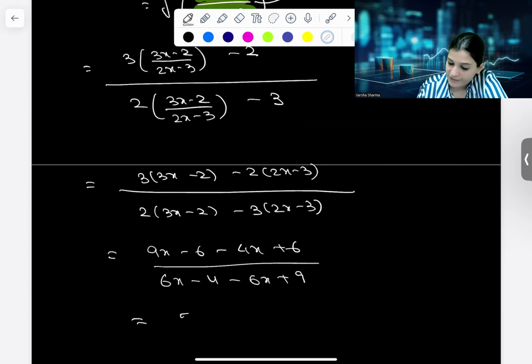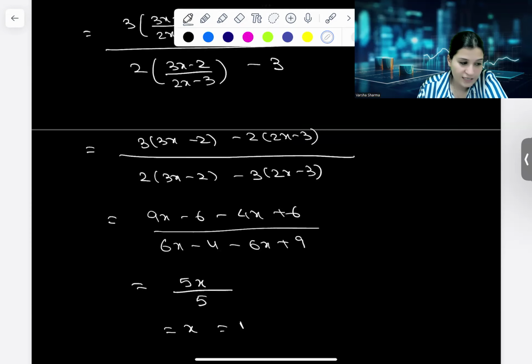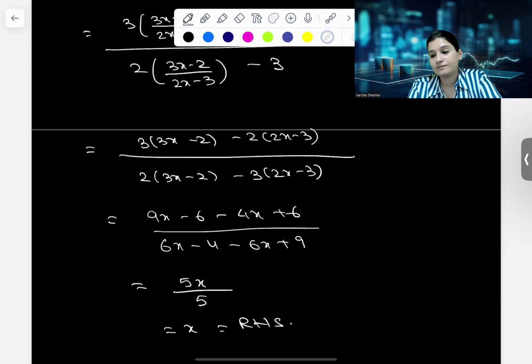So we have 5x by 5. That makes it x, which is the RHS. So this is basic operations in functions.